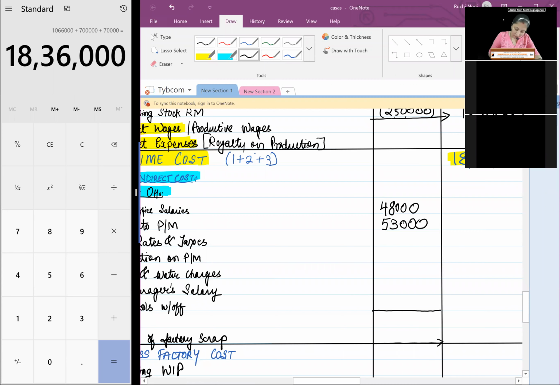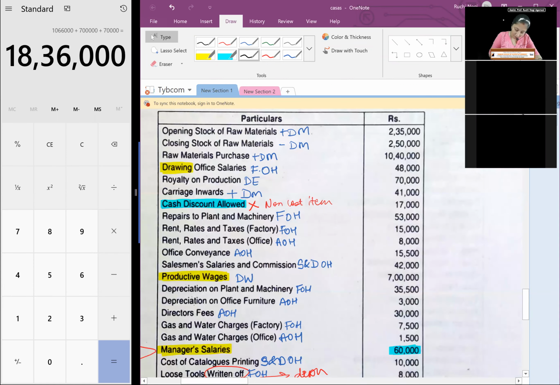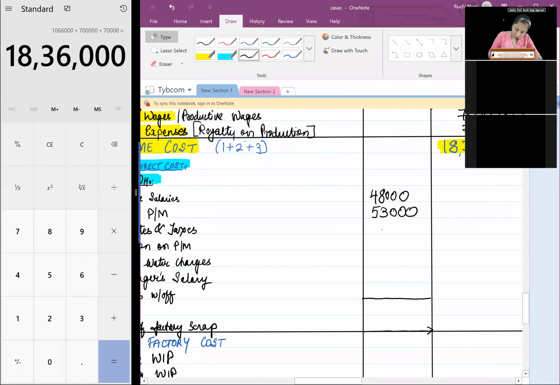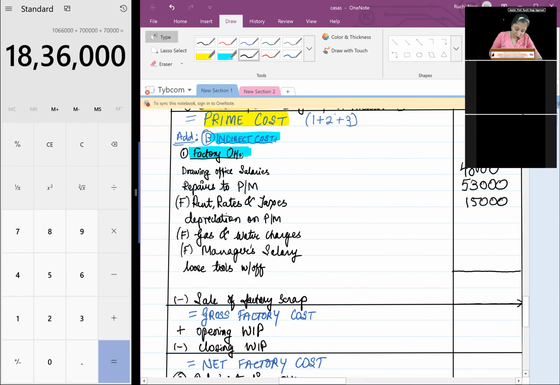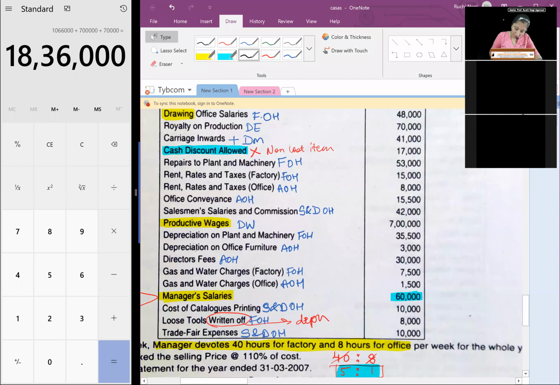Next, factory rates and taxes 15,000. Next, depreciation on plant and machinery 45,500.